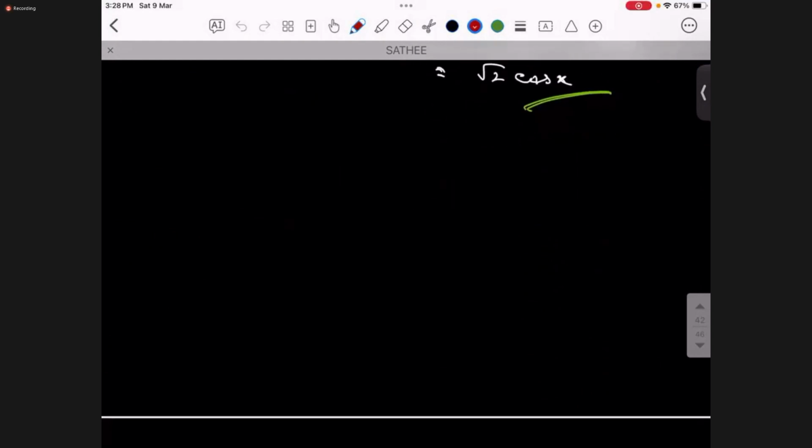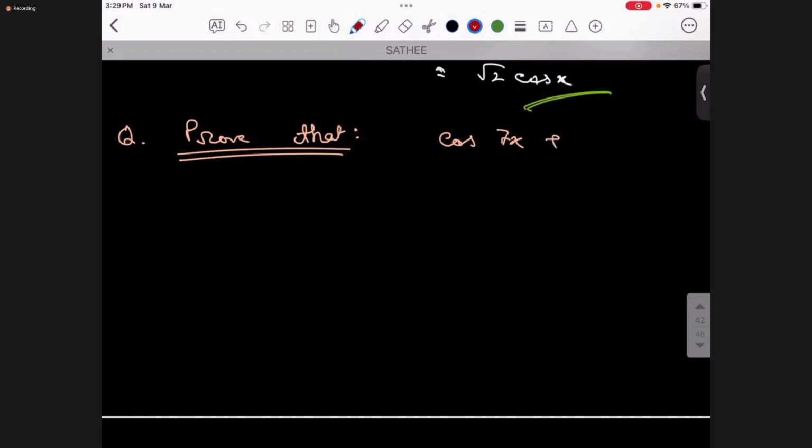The question is: prove that (cos 7x plus cos 5x) divided by (sin 7x minus sin 5x) equals cot x.